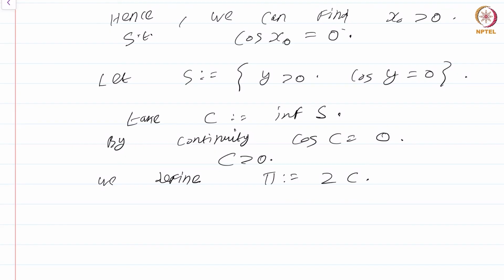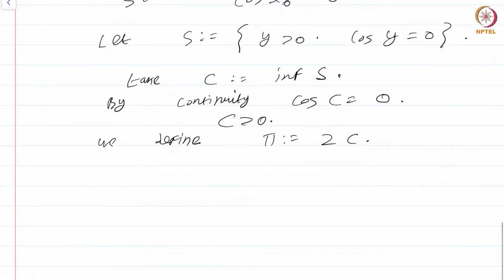Okay. And by the way we have defined things, cos is going to be greater than 0 if 0 less than or equal to x less than pi by 2. That's simply the way C has been defined. Okay.